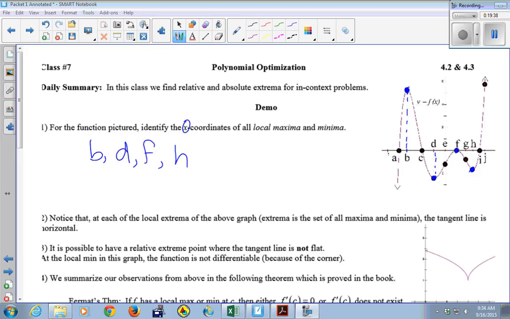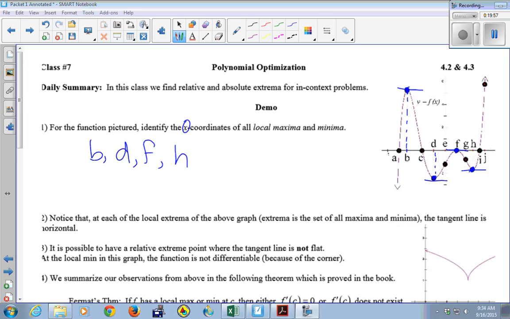So you should notice that at each of those local extrema in this graph, the set of all maxima and minima, the tangent line at each of those points is horizontal. So when you have a maximum or a minimum, horizontal tangent line.